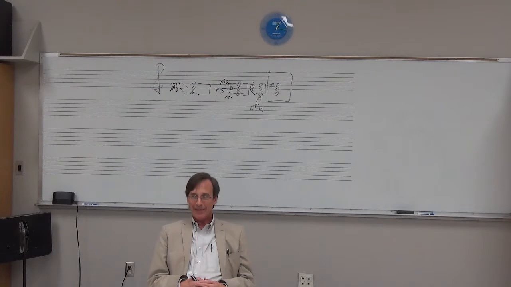B flat, D, F. Is there another? Is there a white, black, black? B, D sharp, F sharp. Right. So anything that involves a B, you have to count. Does that make sense? You have to make that half-step adjustment.